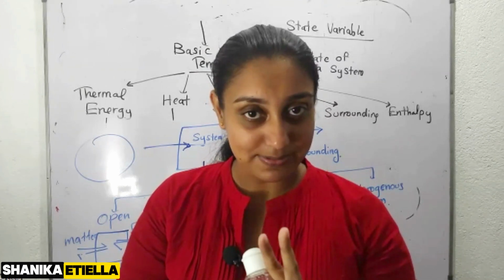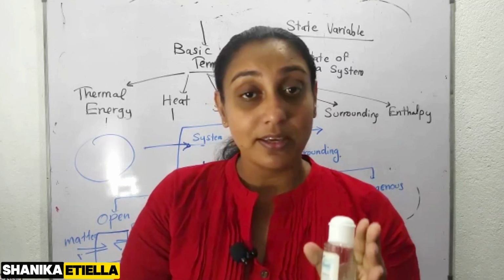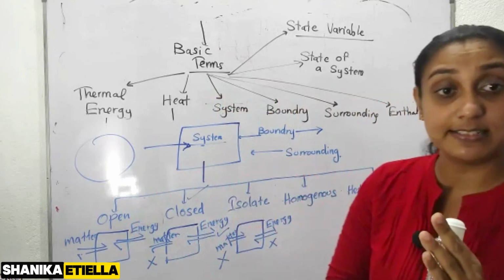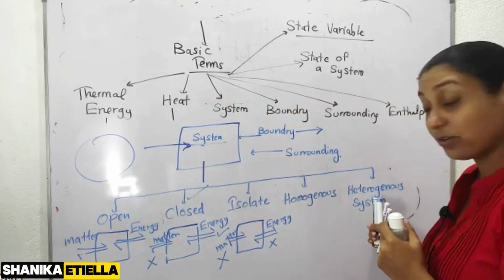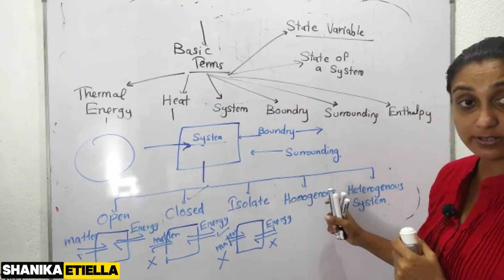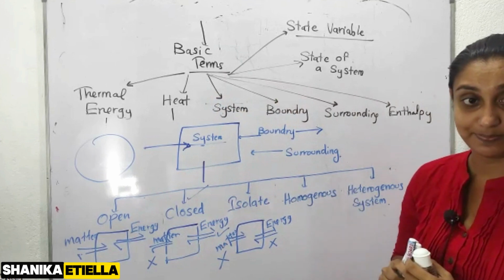Clear? Two types again, homogeneous system and heterogeneous system. If the system contains more than one physical state, those are heterogeneous systems. If the system contains only one physical state, those are homogeneous systems.